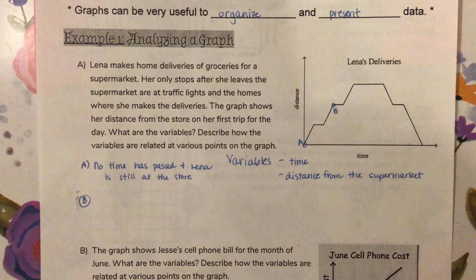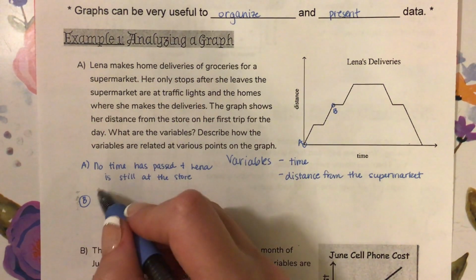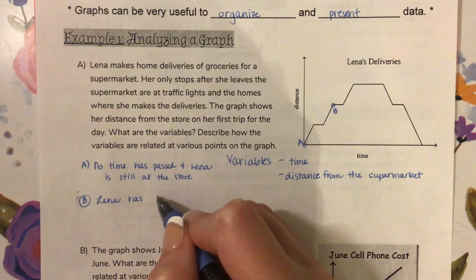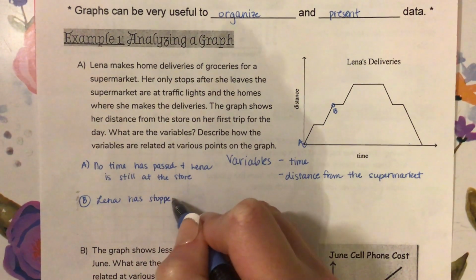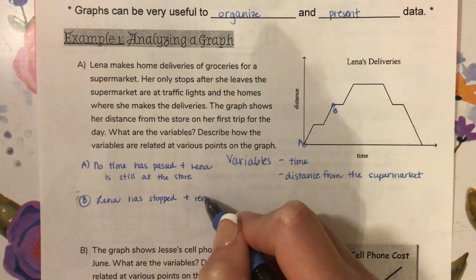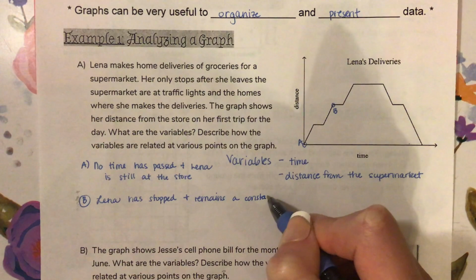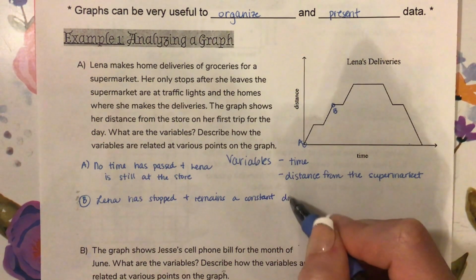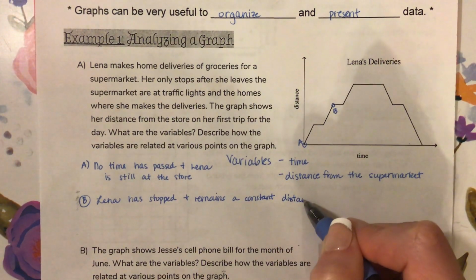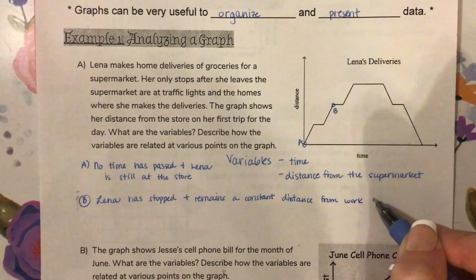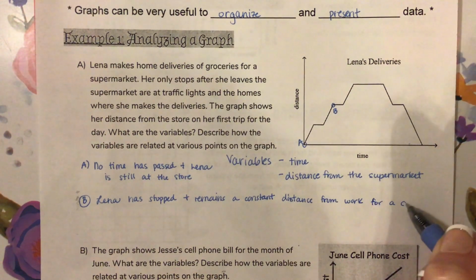We don't know, but we do know that she remains at a constant distance away from work. So B is Lena has stopped and remains a constant distance from work for a certain amount of time.